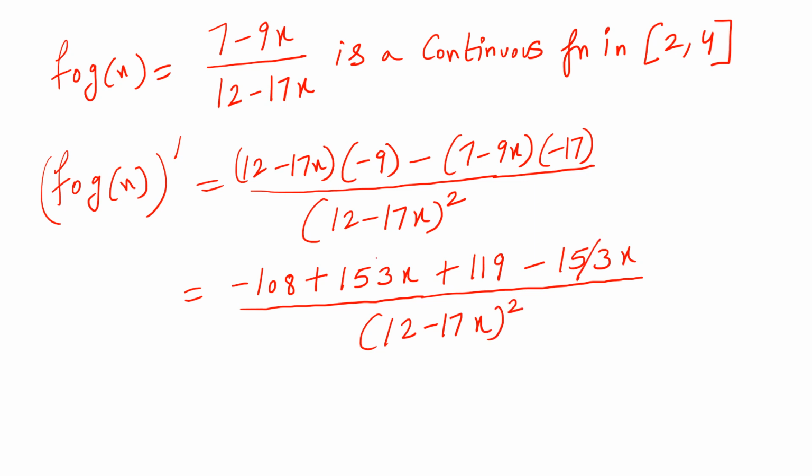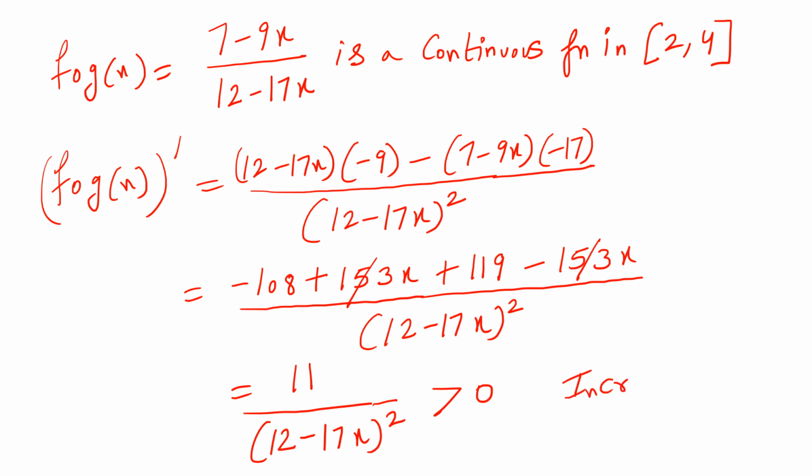Now students, this finally becomes equal to 11/(12 - 17x) whole square. Clearly this value is strictly greater than 0. So that means I can say that f(g(x)) is an increasing function in the closed interval [2, 4]. Right? Now students, we move further.